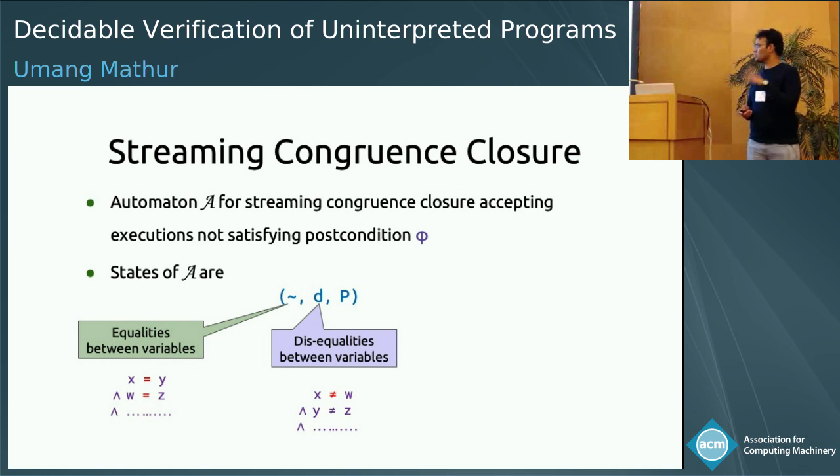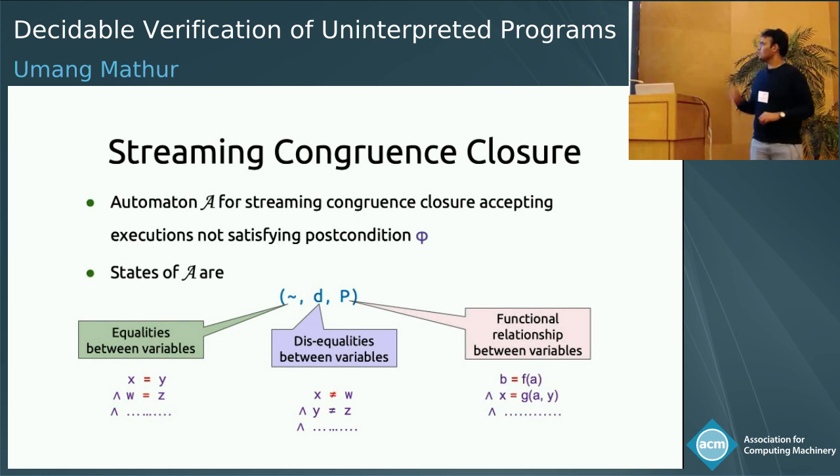So x is not equal to w, y is not equal to z. And the third component tells you what are the functional relationships between the variables. So something like the variable b is equal to f of the variable a, or x is equal to g of a comma y. So f and g are uninterpreted functions in your programs.